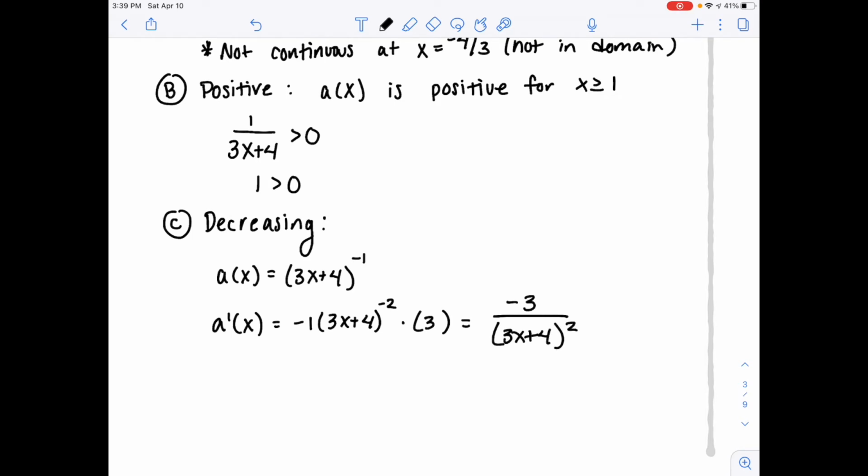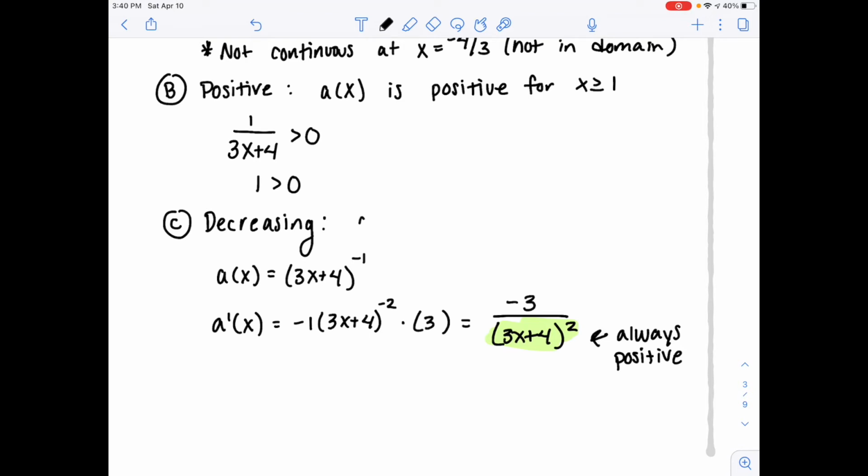If we look at this, the denominator, 3x plus 4 squared, is always going to be positive because it's something squared on the bottom. The only time it's not positive is when it's 0, but it's only going to equal 0 at x equaling negative 4/3, and that's not in the domain, so we don't need to worry about it. And negative 3 is always going to be negative.